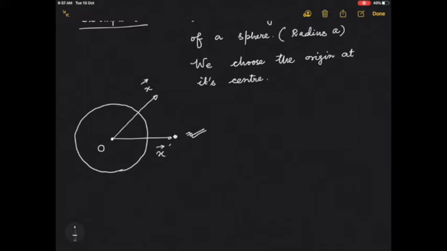I have chosen it as a horizontal direction now, and say this is my x. So I will always have to define an angle which is the angle between these two. Or you can say that x cap prime dot x cap is cos of delta.